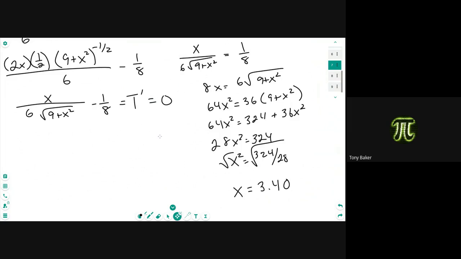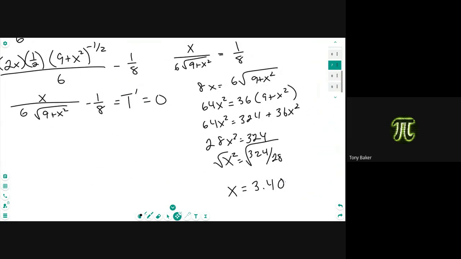So my critical number is 3.4 kilometers downstream.